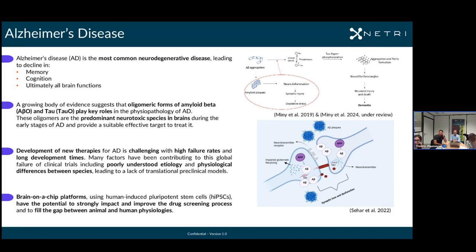These oligomers are predominant and can be neurotoxic in brains during the early stage of AD, and focusing on that enables us to develop a model that can be used to help drug developers find suitable strategies to target this and hopefully hinder the progress of the disease.